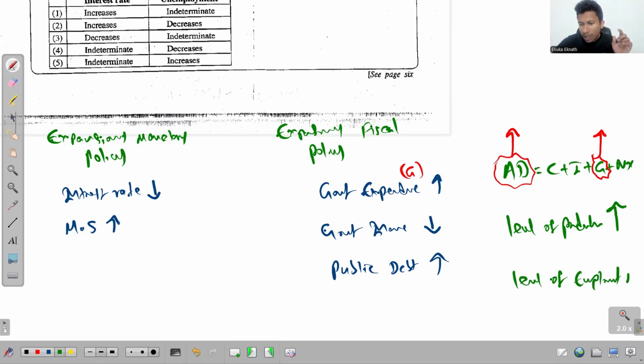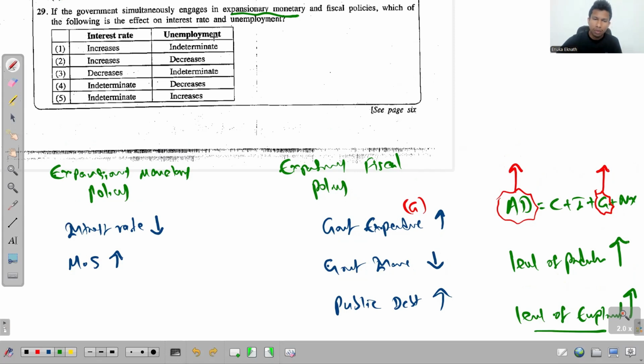Level of employment increases. But be careful. I just wrote here about the level of employment. I just told you that the level of employment increases. But the question talks about the level of unemployment. It's obvious. If the level of employment increases, the level of unemployment obviously decreases.